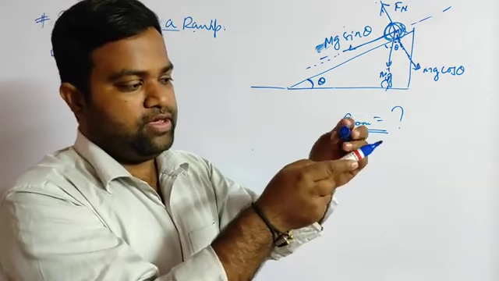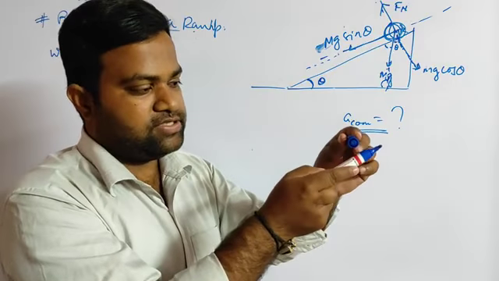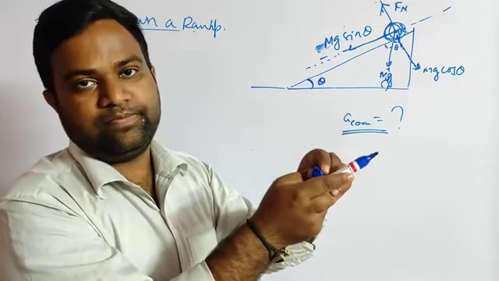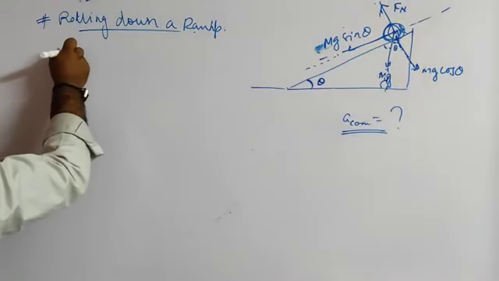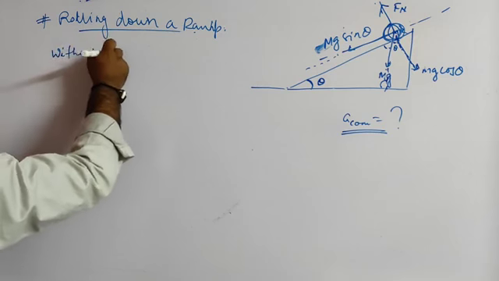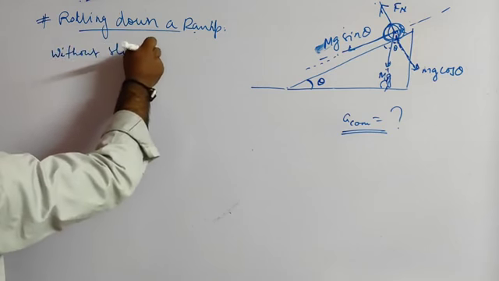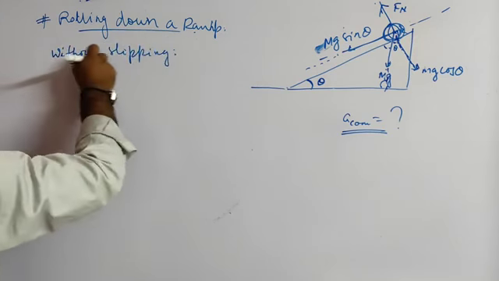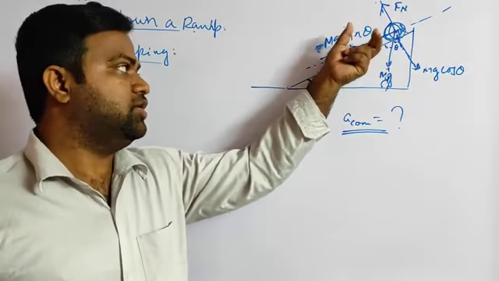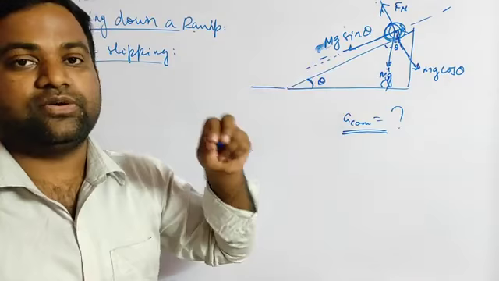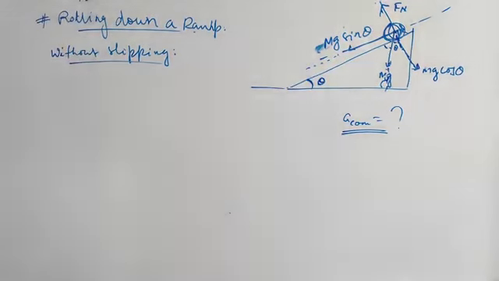If it does not provide the sufficient frictional force, it will slip. So we are discussing the case of rolling without slipping.